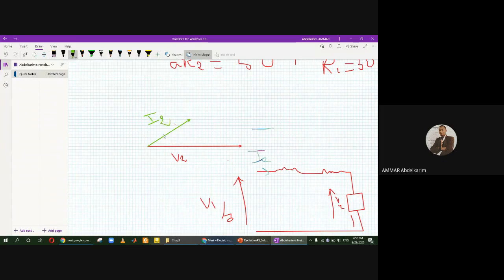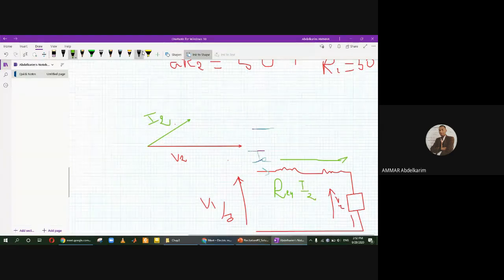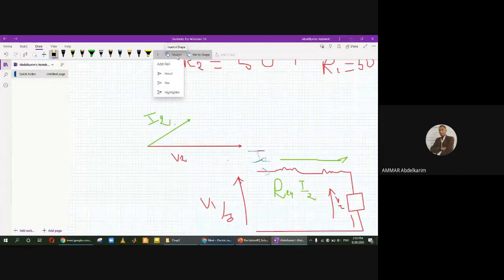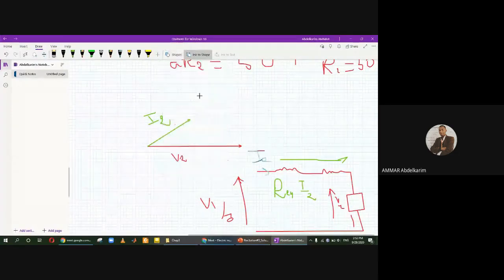This is the current I2. Now the voltage drop across the equivalent resistance, R equivalent times I2. The resistance does not have any shifting angle, so it will have the same phase as the current.